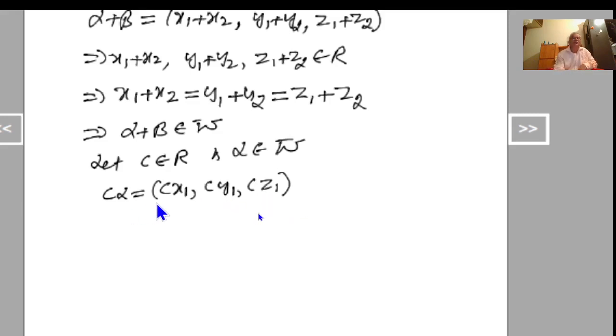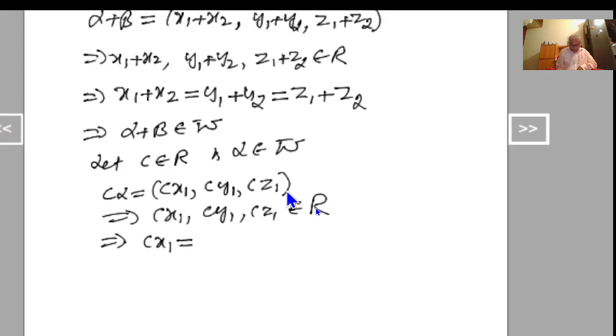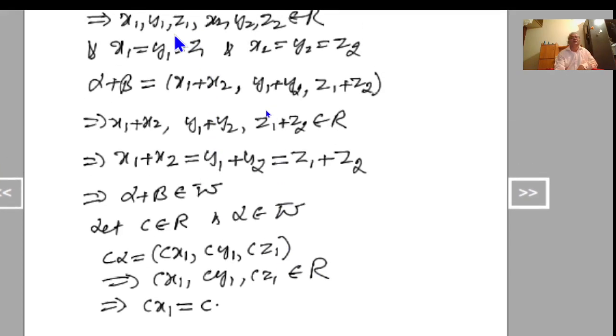Now here C belongs to R, x1, y1, z1 they also belong to R. Therefore Cx1, Cy1, Cz1 belongs to R. This implies Cx1, Cy1, Cz1 they belong to R. And consider Cx1 is equal to C into, what is x1 here? x1 is nothing but y1.